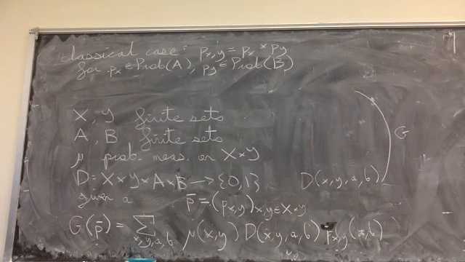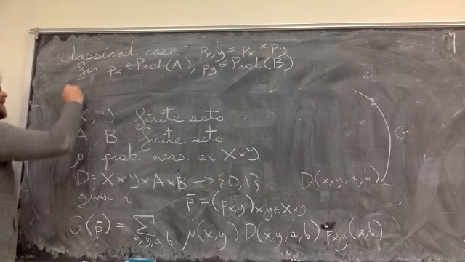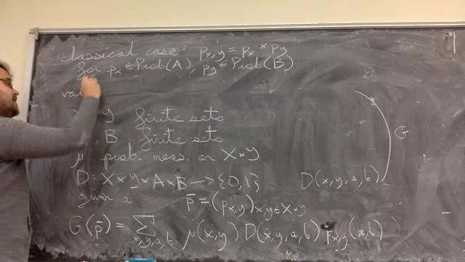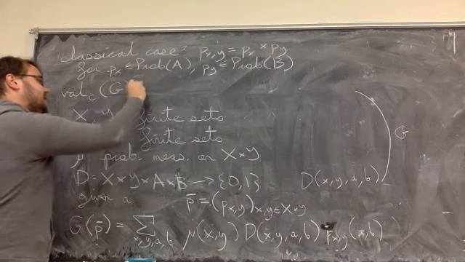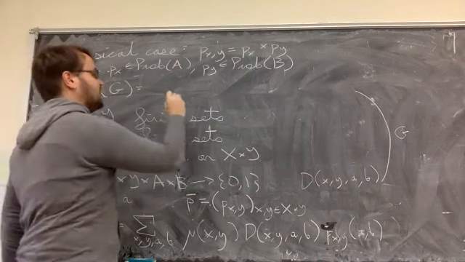And so the classical value of the game, let's say the classical value, maybe put C here for the classical value of G, equals the following.